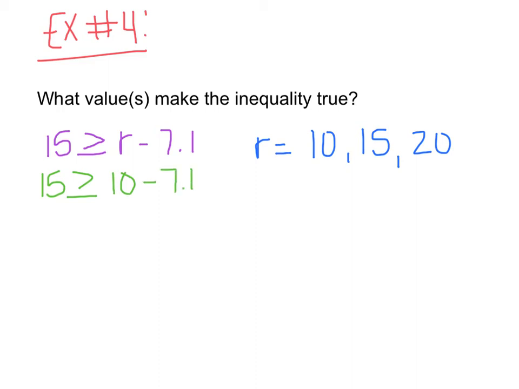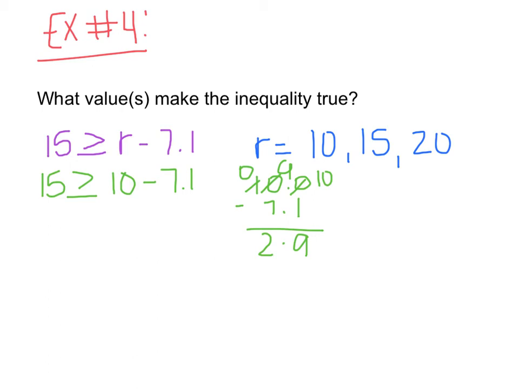So let's go ahead and subtract 10 minus 7 and 1/10. 10 doesn't have a decimal, so we have to add a decimal and a 0. So that becomes 10, 9, and 0. Bring our decimal down and subtract. We get 2 and 9/10.